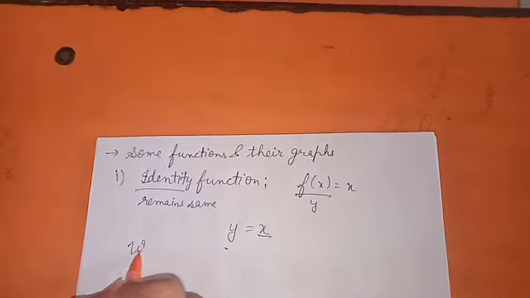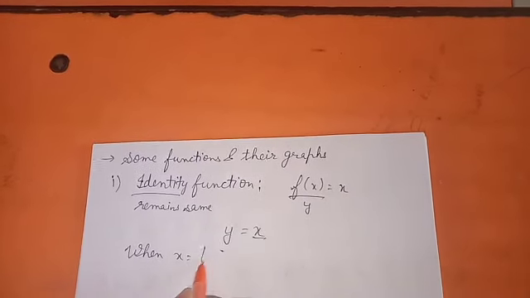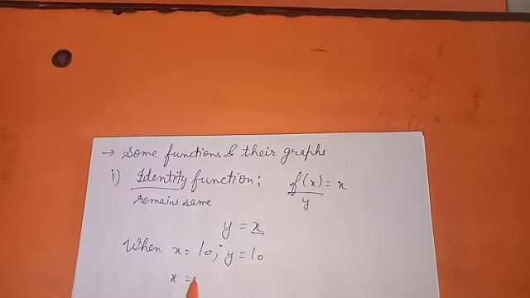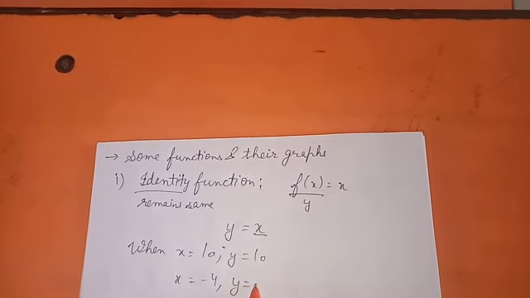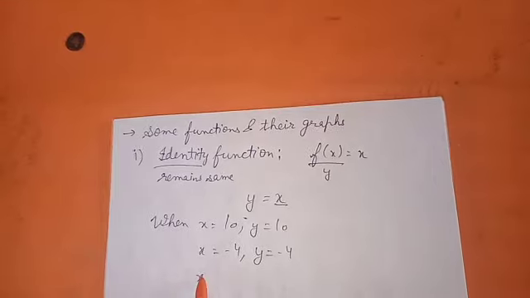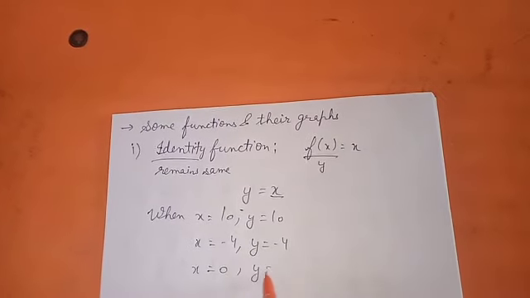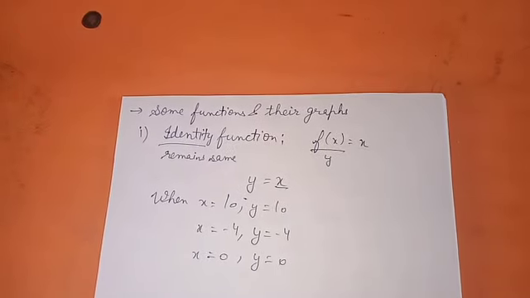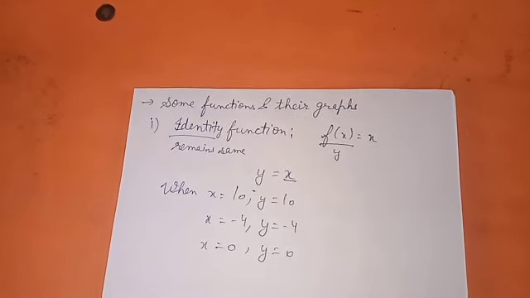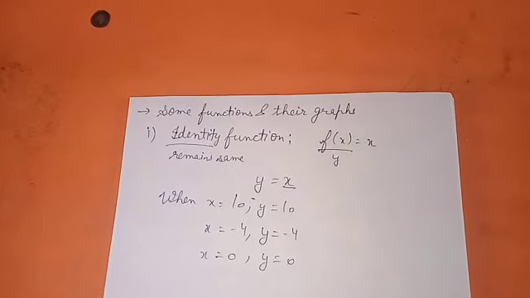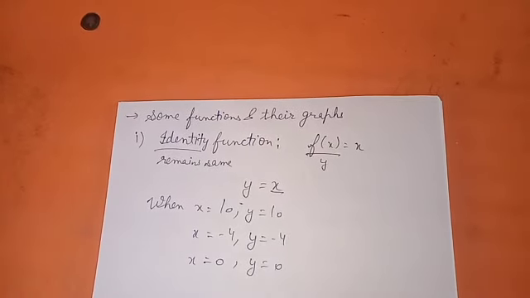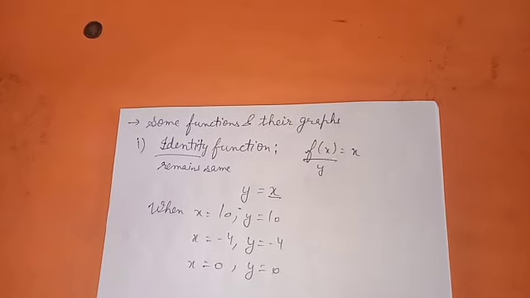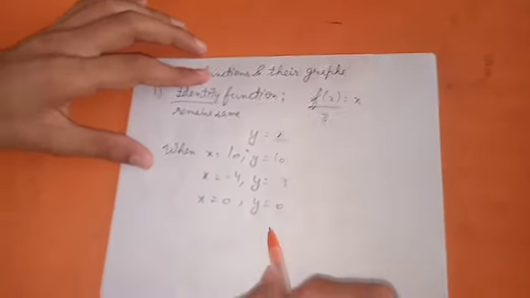So when x is equal to 10, y equals 10, x equals minus 4, y equals minus 4, x is equal to 0, y is equal to 0. So in this way you can take as many values as you want, and then we will draw the graph.